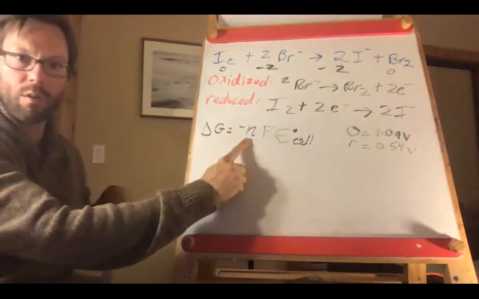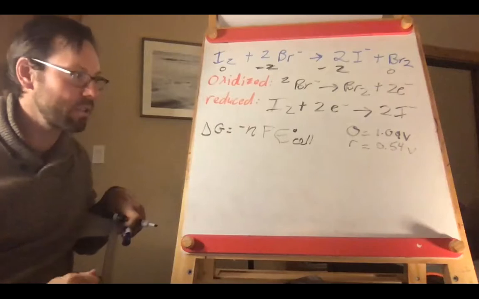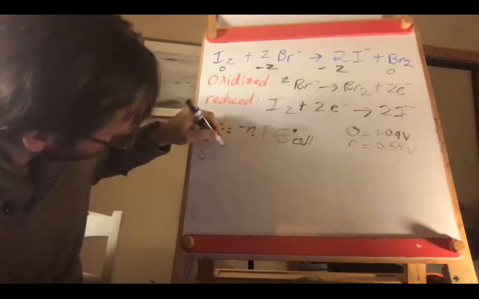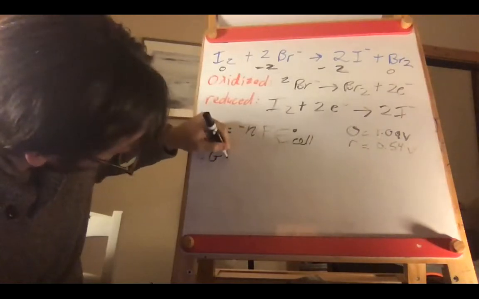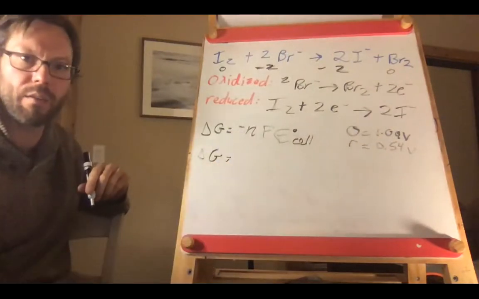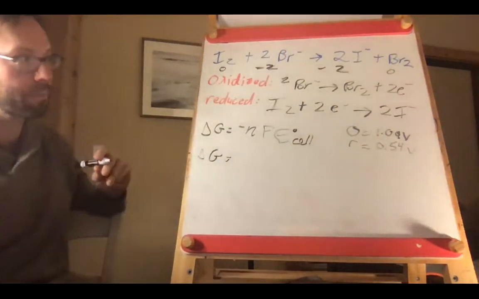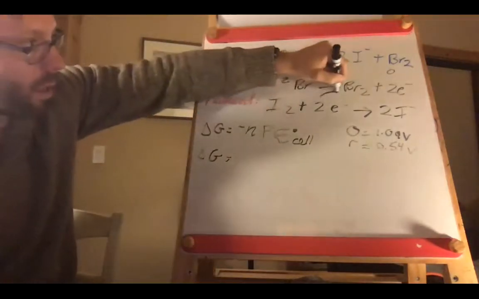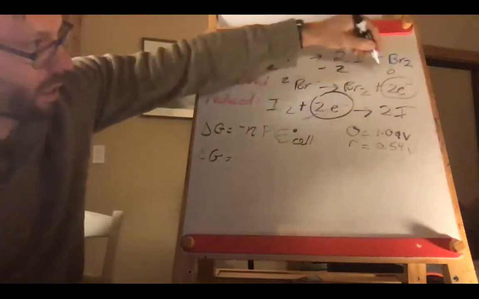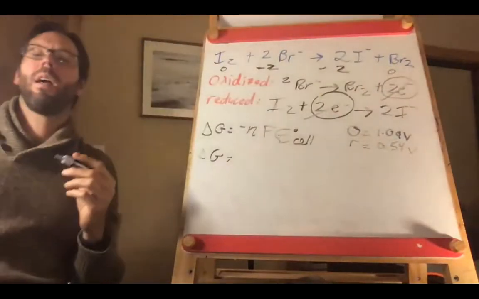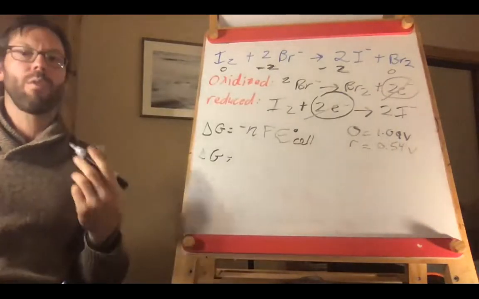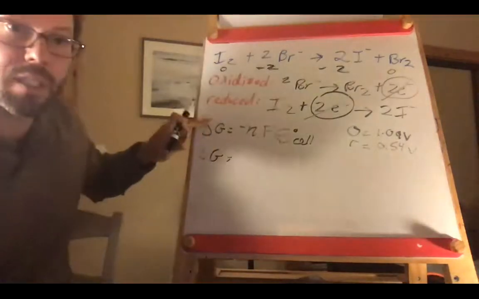And so we've got to figure out what the other things are to solve. Delta G is equal to a negative n. Well, in this case, it's 2, and they'll end up canceling each other out, but that is the number of moles of electrons. It corresponds to the number of electrons that are canceled in these half reactions.